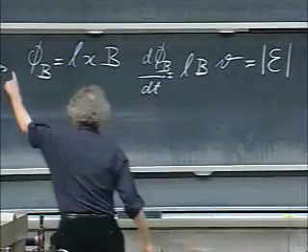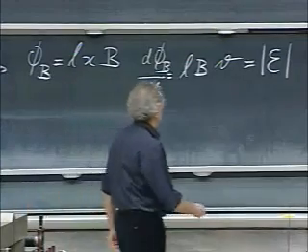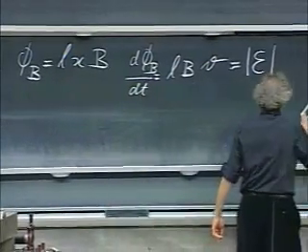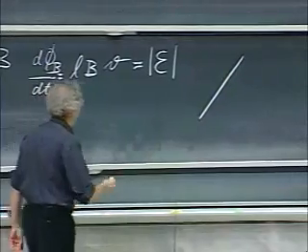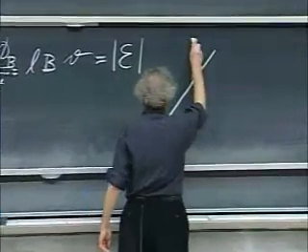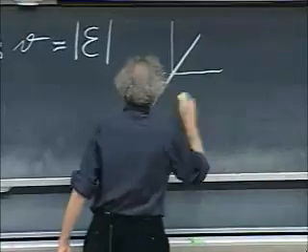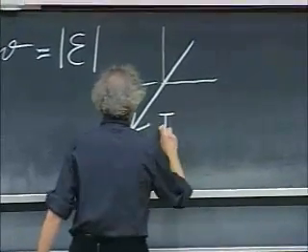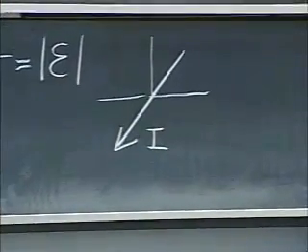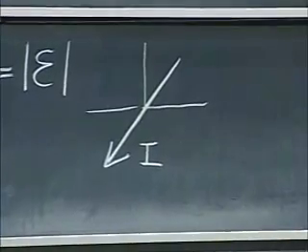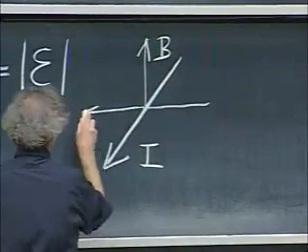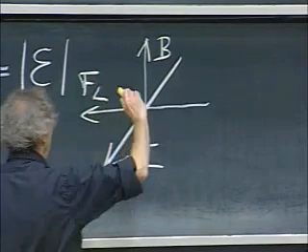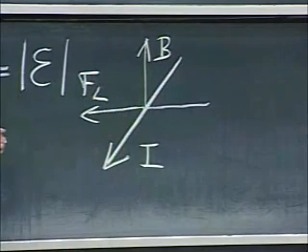If I look here at this rod, try to make you see three-dimensionally, this rod is coming straight out of the blackboard. Then the current is now coming to you. The magnetic field is pointing straight up. And so remember that the Lorentz force is always in the direction of I cross B, in this direction.